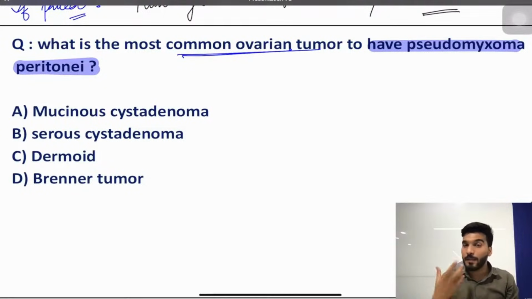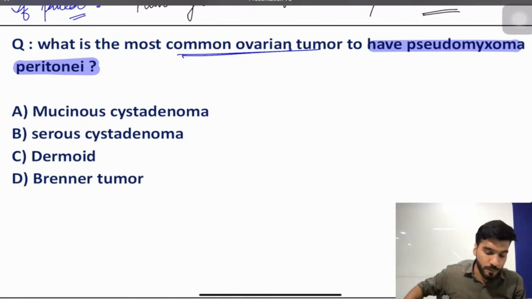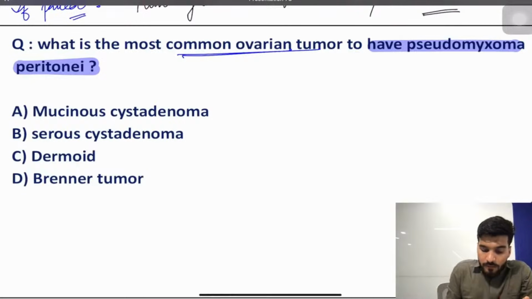In the epithelial tumors we have discussed serous cystadenoma, mucinous cystadenoma, Brenner tumor and endometrioid tumor, hai na? So tell me, which of the following ovarian tumors is associated with pseudomyxoma peritonei? Chalo, bata do sir, which one is it? Option A, mucinous cystadenoma. What is the answer?